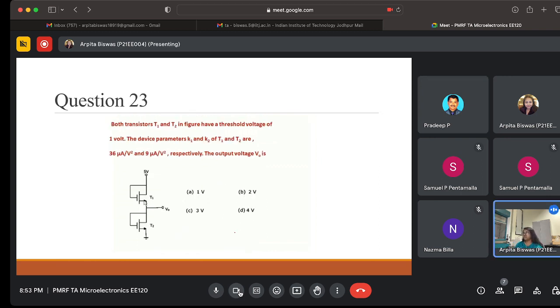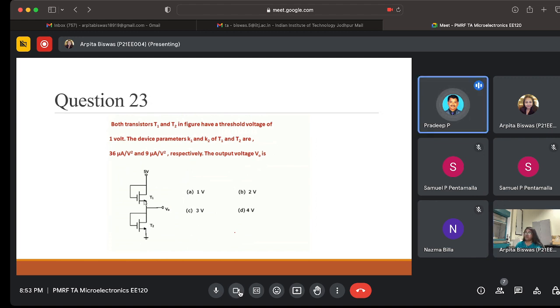Both transistors T1 and T2 in the figure have a threshold voltage of 1 volt, and the device parameters K1 and K2 of T1 and T2 are 36 microampere per volt square and 9 microampere per volt square respectively. The output voltage V0 is: option A is 1 volt, option B is 2 volt, option C is 3 volt, and option D is 4 volt.